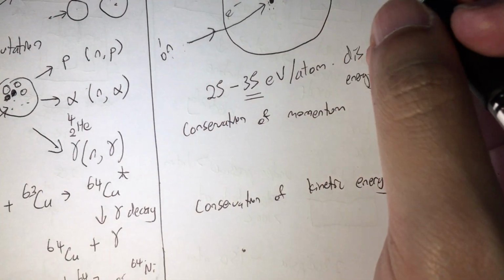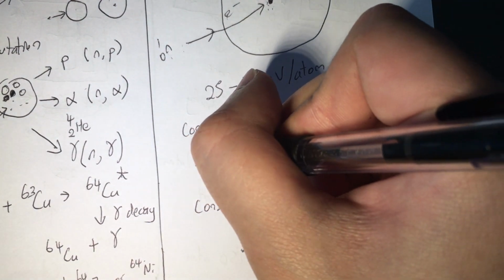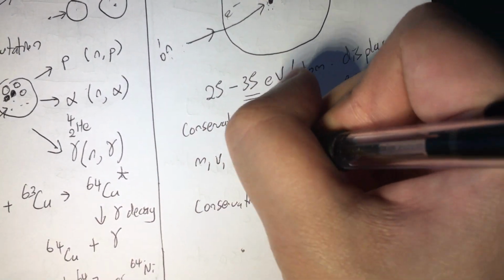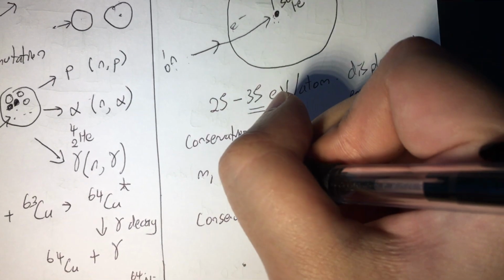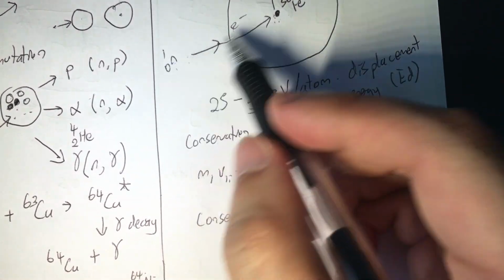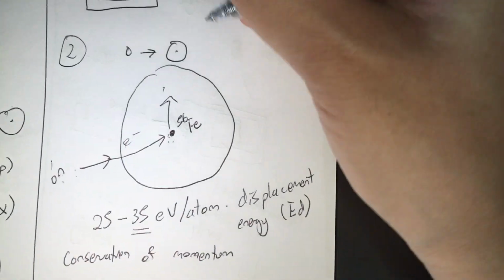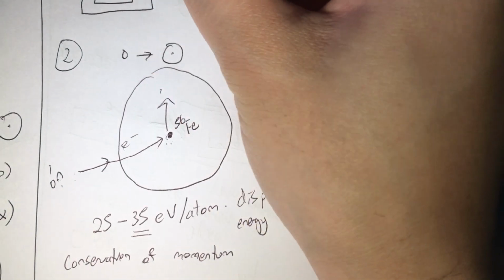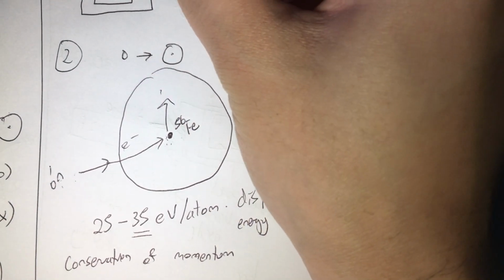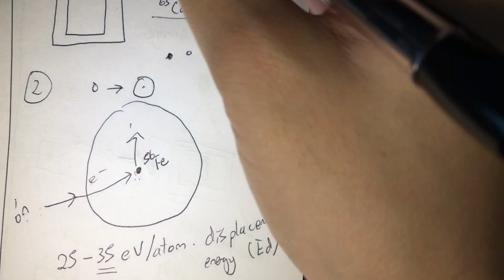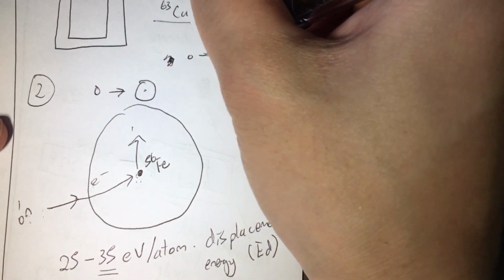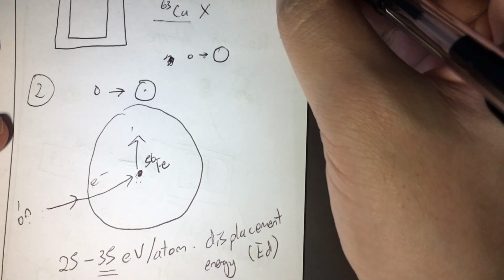So the law of conservation of momentum says that for any closed system, the combined momentum of the initial states. So let's draw this out. We have a neutron hitting onto an iron nucleus.